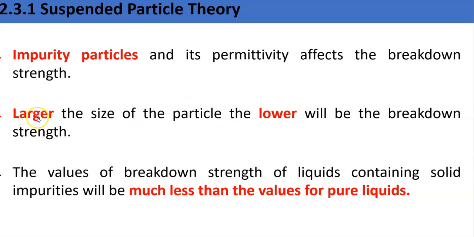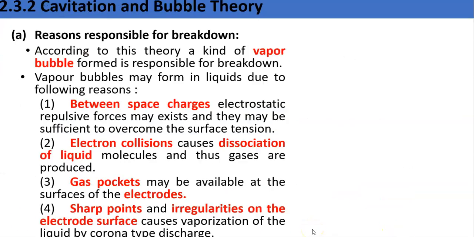Yes, because if the particle is larger, then the force will be larger, and if the force is larger, then the breakdown voltage will be less. The breakdown strength of liquids containing solid impurities will be much less than the values for pure liquid. Of course, because in pure liquid there will be no suspended particle, no gas molecule, no traces of impurity. Then how will breakdown take place?